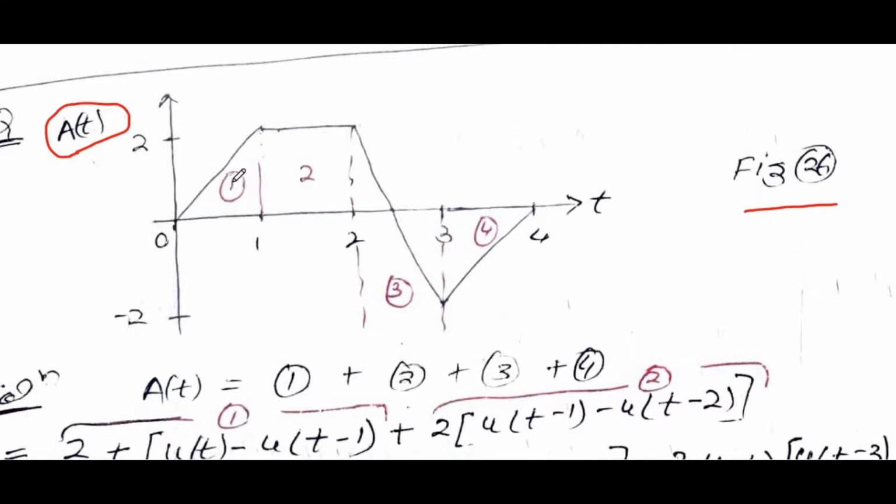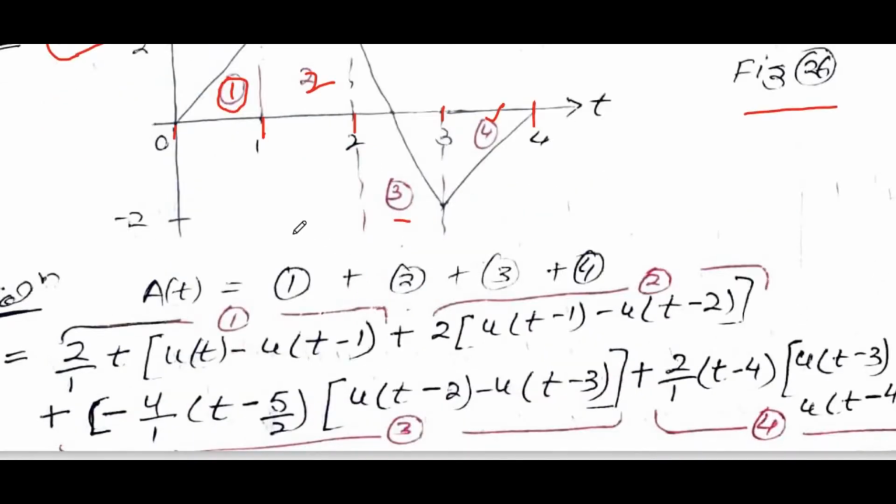One is this one, a ramp from 0 to 1, then a gate function from 1 to 2, second part, then third part is a ramp from 2 to 3, again fourth part is a ramp from 3 to 4. Means to synthesize this function I have to synthesize four functions, 1, 2, 3 and 4. So I write a of t means function is equal to the summation of all these four parts.